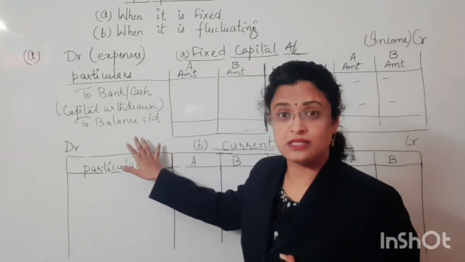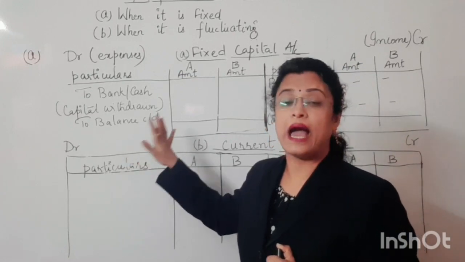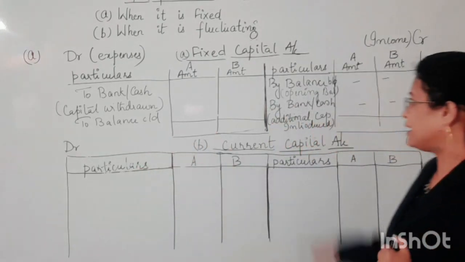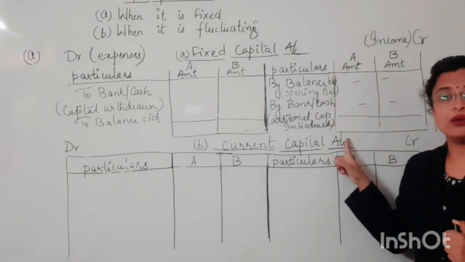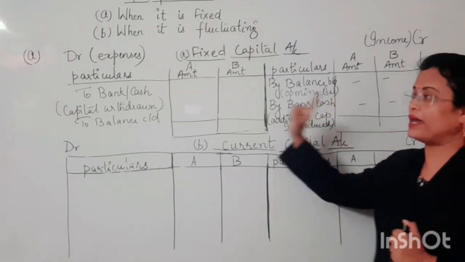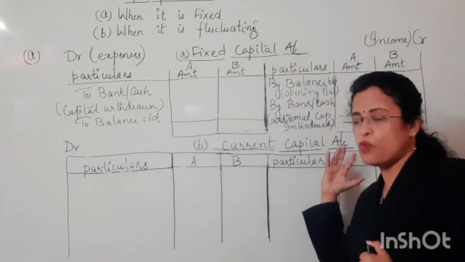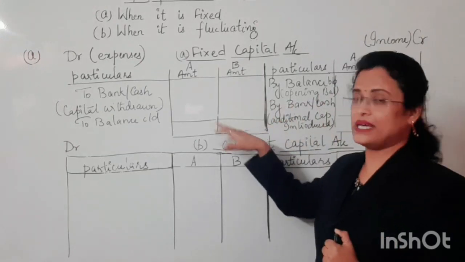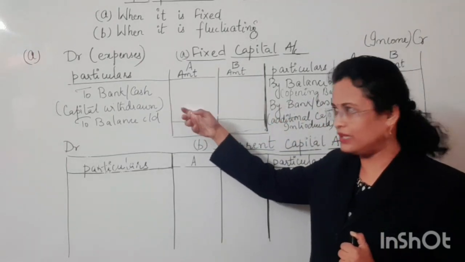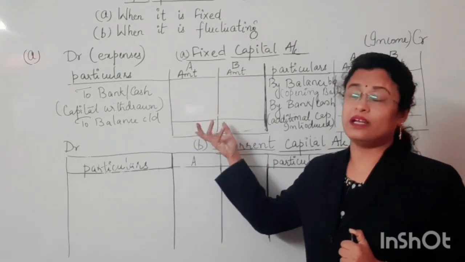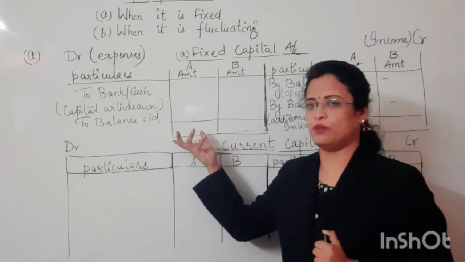Now the question arises, what is the credit balance and what is the debit balance? You have already studied this in class 11. Credit balance stands for when your credit side is more in comparison to the debit side. When your credit side is more than the debit side, you will get a deficit on the debit side, and this deficit on the debit side will be called the credit balance.